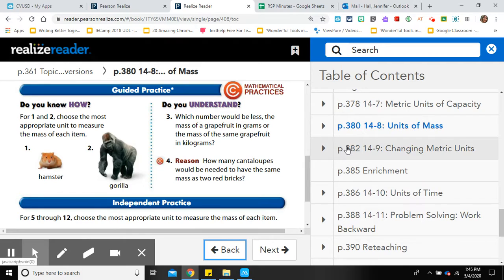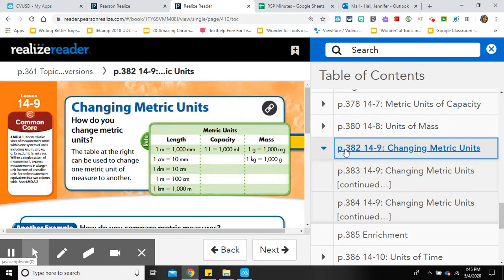Okay, so let's go into 14-9. This is where we're going to spend a little bit more time. Here we have our conversions, because this is about changing the metric units. Just like we change the customary units, we can change the metric units in order to compare something or use different measurements to look at something.